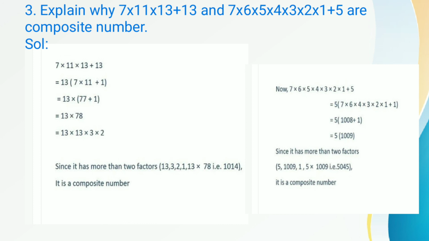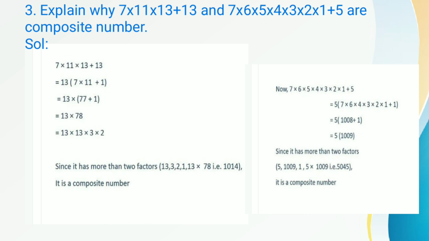Now we consider 7 into 6 into 5 into 4 into 3 into 2 into 1 plus 5. Here 5 is a common term in both the terms. So we consider 5 into, 7 into 6 into 4 into 3 into 2 into 1 plus 1.